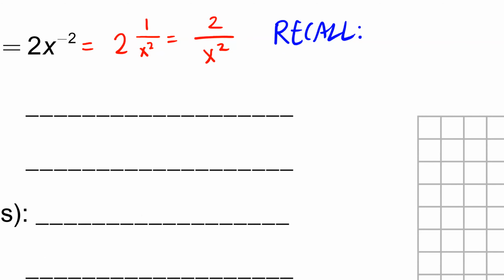So recall what 1 over x looks like. Do we know what it looks like? One thing we do know is it's a rational function, right? It's a ratio, and whenever I have a fraction, I can't have the bottom equal to 0. So when x equals 0, I'll have a vertical asymptote.